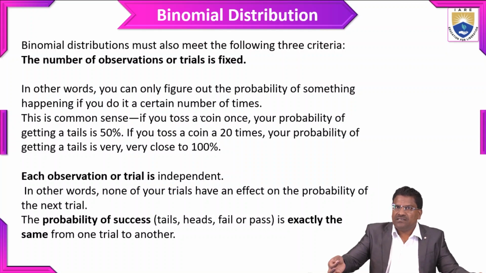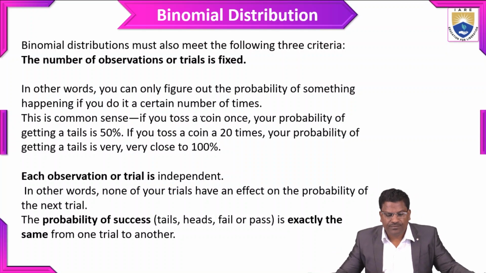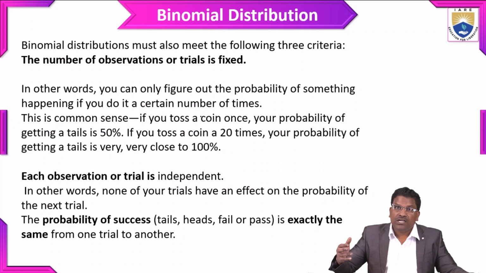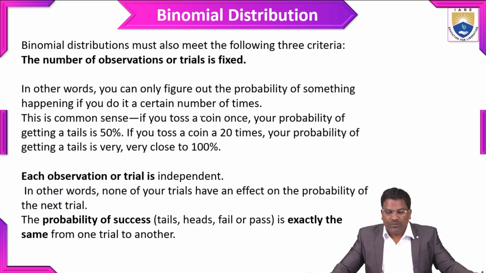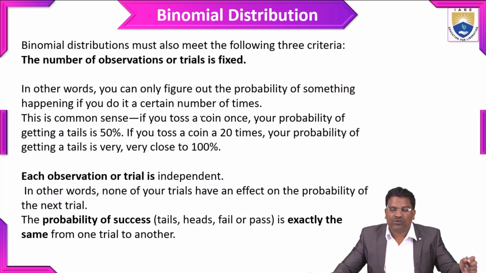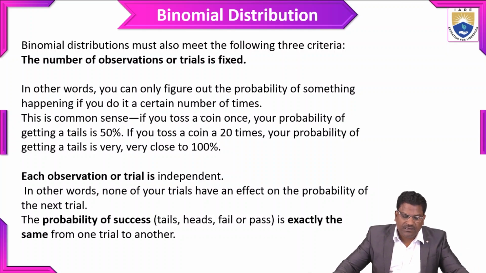If you toss a coin once, your probability of getting head is 50%, 1 by 2. Like that, getting tail is 50%, 1 by 2. Your success probability p is 1 by 2, failure probability q is 1 by 2. If you toss a coin 20 times, your probability of getting a head is very, very close to 100%.